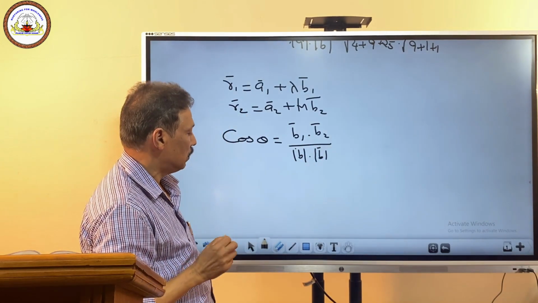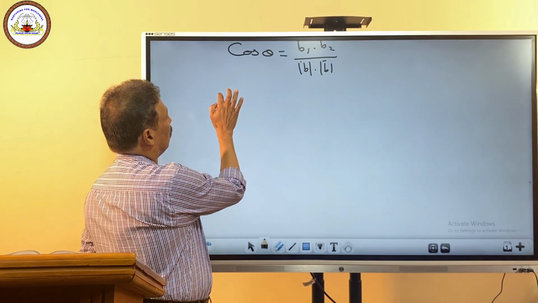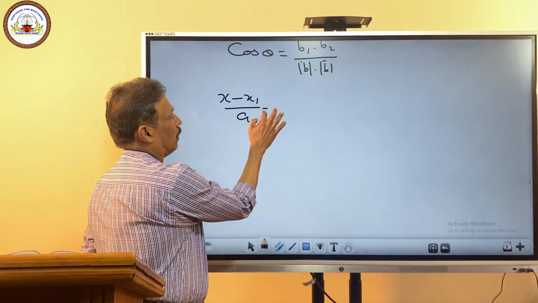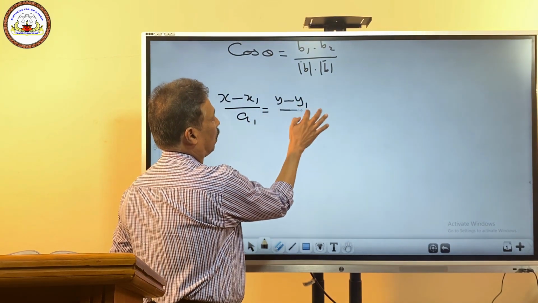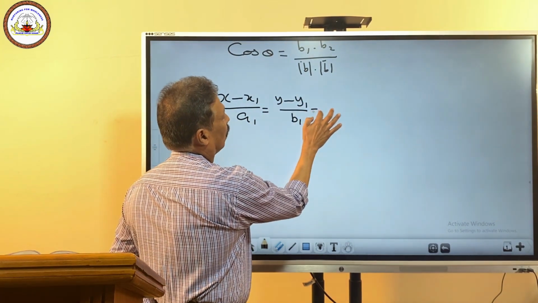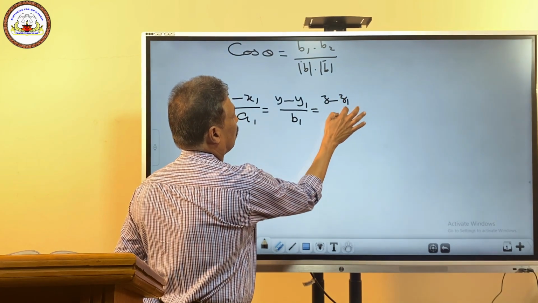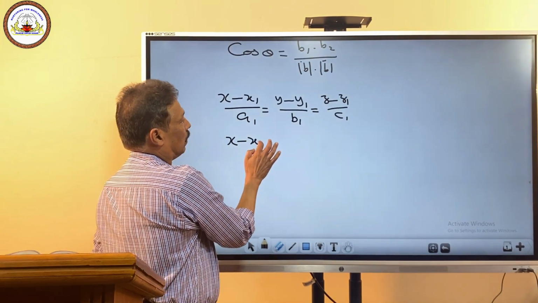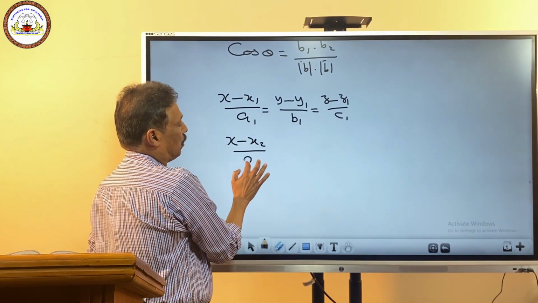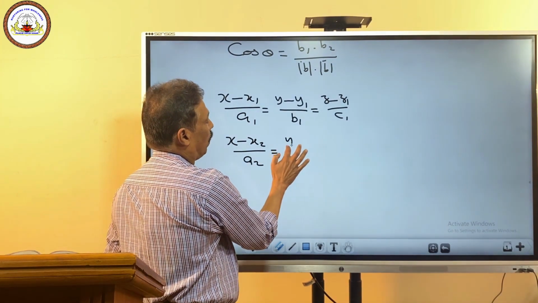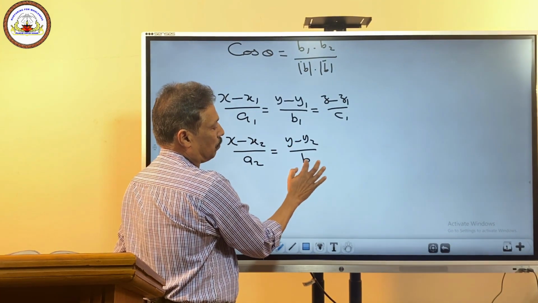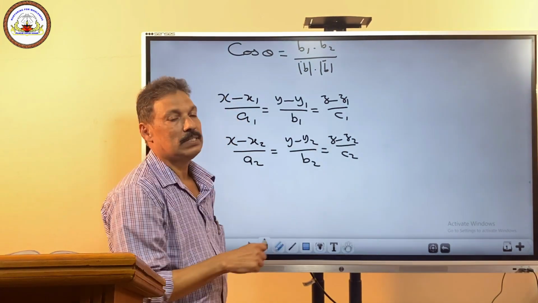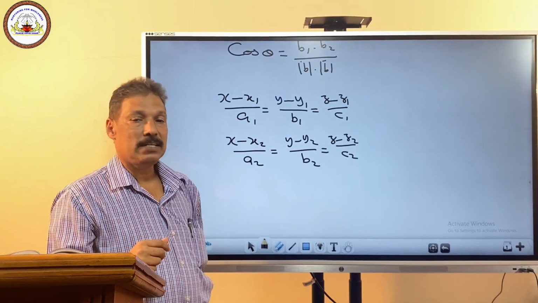In our Cartesian coordinate system, two lines are given. The first one: (x - x1)/a1 = (y - y1)/b1 = (z - z1)/c1. That's the first line. The second line is (x - x2)/a2 = (y - y2)/b2 = (z - z2)/c2. These are the two straight lines given in Cartesian form.